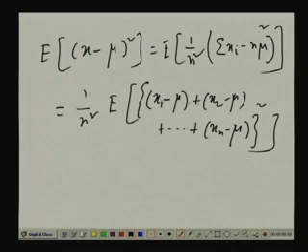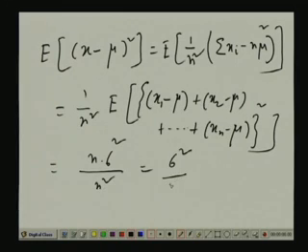In the whole square, the cross terms will be 0 as before because of uncorrelatedness. So, this will give rise to just the variances for each of them, and each of them has the same variance sigma square. So, there will be total n times sigma square. So, n into sigma square will come on the top, n square here. So, you get sigma square by n. Okay. So, our second question is answered.